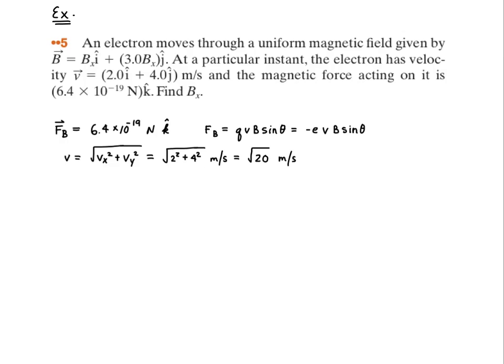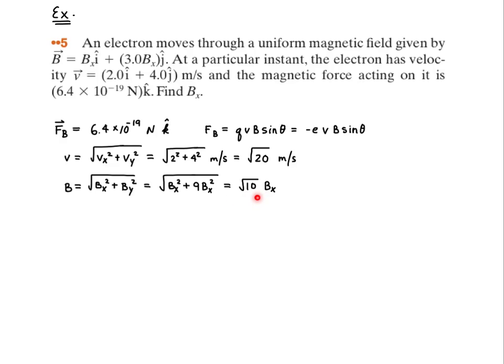V is the magnitude of the velocity, so we can write it down quickly. The magnitude is the square root of Vx squared plus Vy squared, and if you put in the numbers, it's going to be root 20 meters per second. The magnitude of the B field can be written the same way. It's going to be the square root of Bx squared plus By squared, and putting in the values for the x and y components, it's going to become root 10 times Bx.